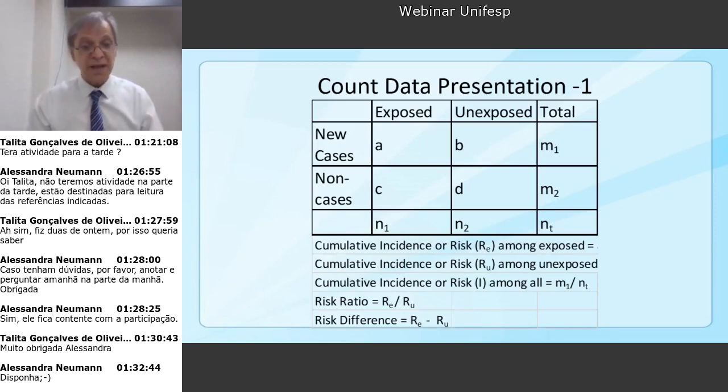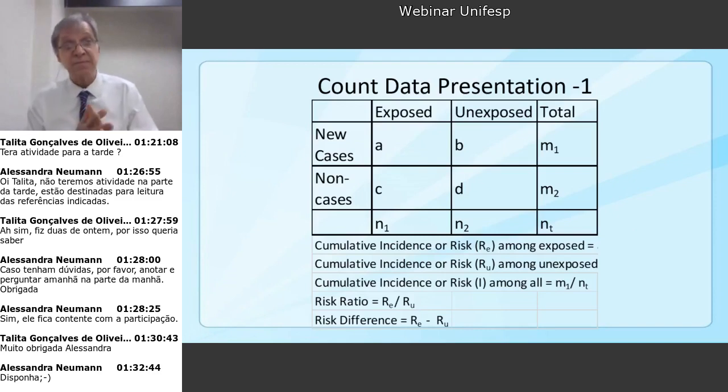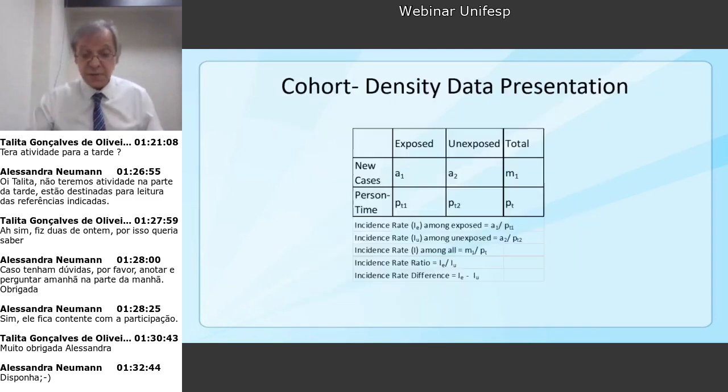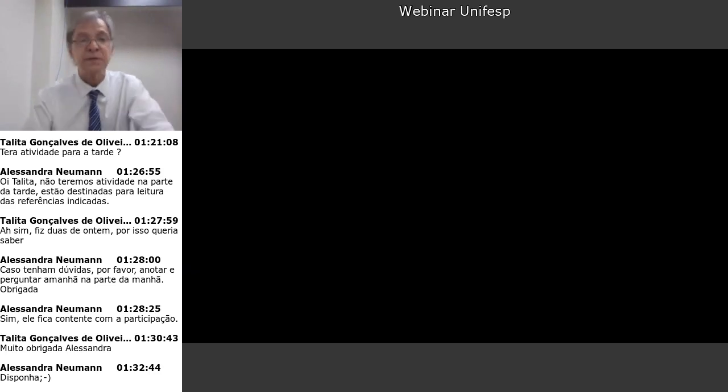So what you end up with is two risks. Risk of exposed divided by risk of unexposed is the risk ratio, and the risk difference is the difference. Before it was the rate ratio and the rate difference; if I say risk, I messed up. So these are the data presentations for the cohort.